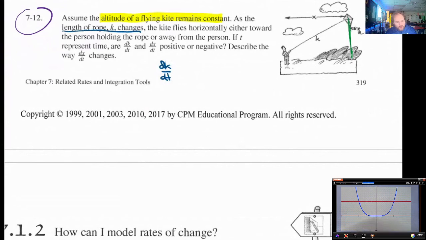Whether that's positive or negative is going to depend on whether you're letting the string in or out, I think. If the kite flies horizontally, either toward the person holding a rope or away from the person.